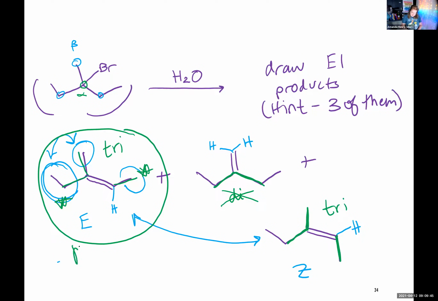So in this case, this one is our major product. It has the most substituents, and it has the biggest groups in the E positions or trans from one another. So most of the test questions will have you just answer what is the major product and not draw all of the possible products.